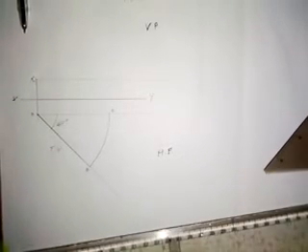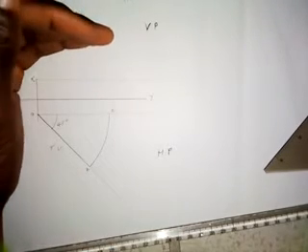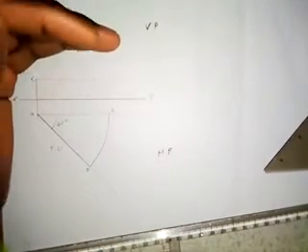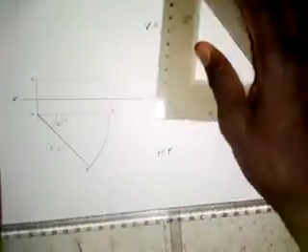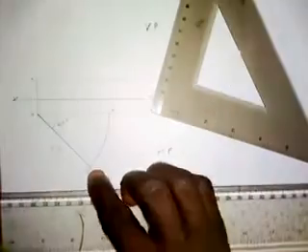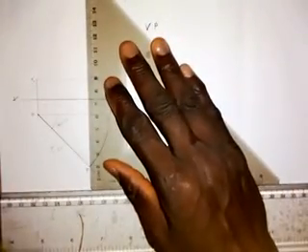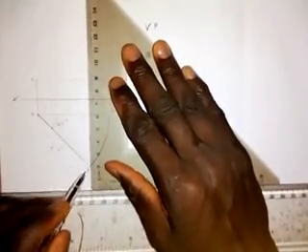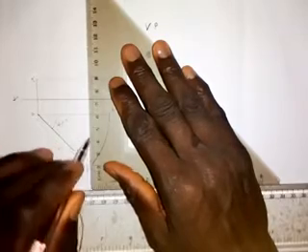The next thing that we are going to do is to draw the front view of line AB on the vertical plane. So how do you draw that? From this point B on this line, project a vertical line. So the line goes like this.